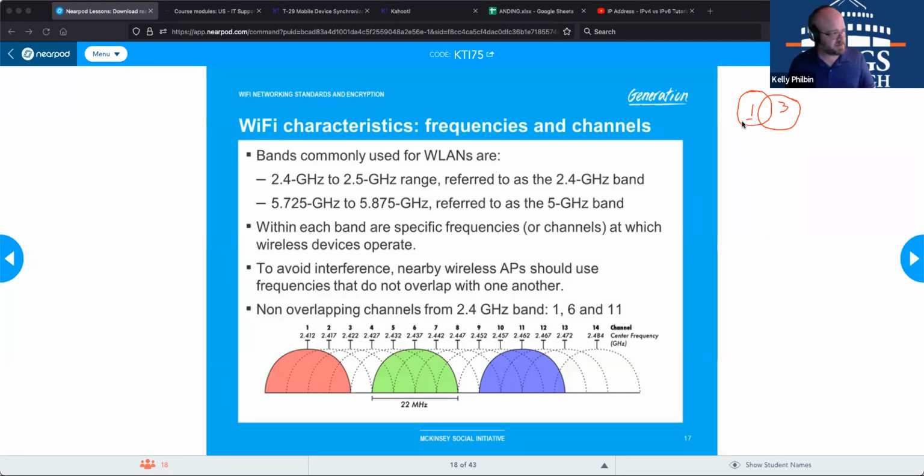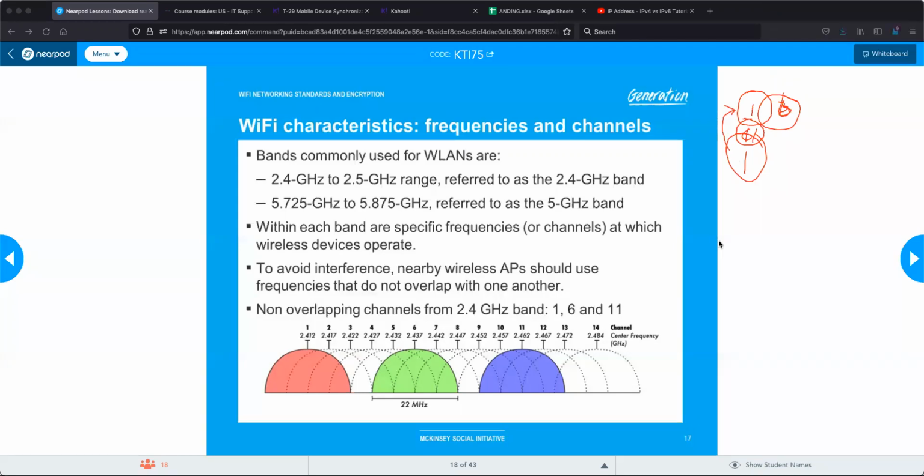I could also have a neighbor next to me with 11, sorry, and this is 6. Apologies. So 6 wouldn't overlap with 1. 11 wouldn't overlap with either 1 or 6. But say I could have another neighbor on the other side of this one with the channel 1, and even though it overlaps with them, I'm not interfering with the first person.